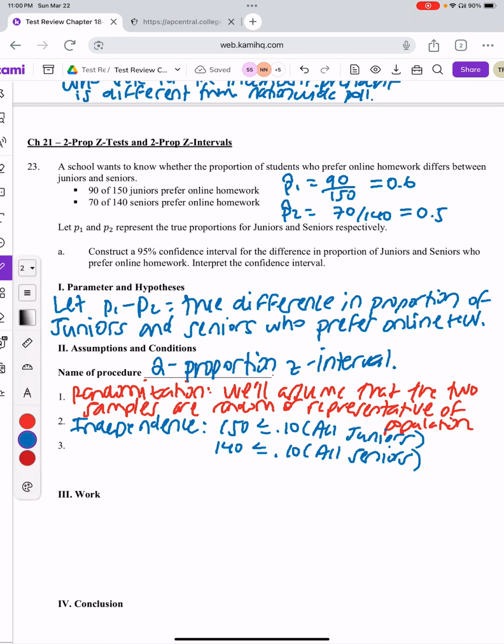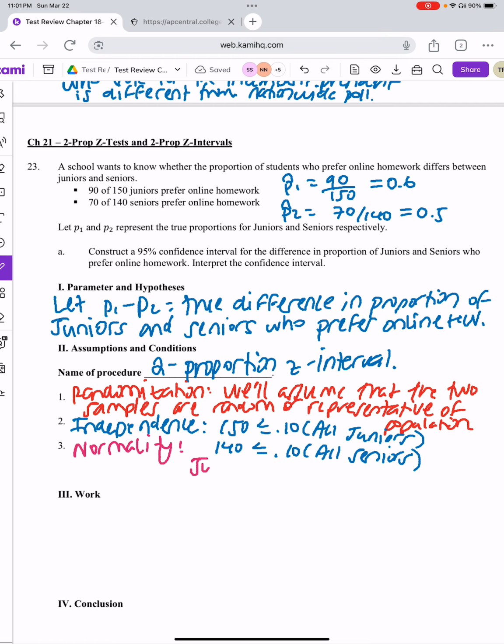So it never stated that it's random, but we can assume this one. So number three, we need to check for normality. For normality, we need to check that we have enough juniors and seniors that prefer online homework and don't.